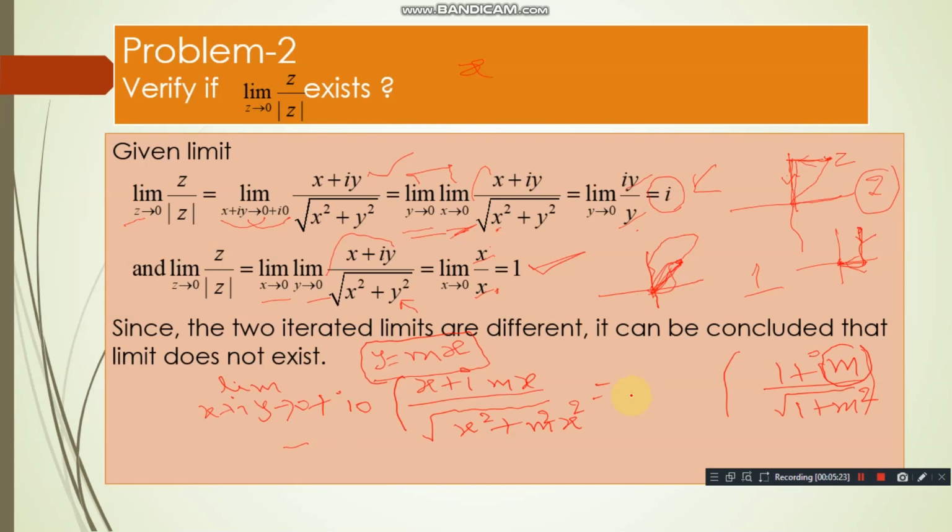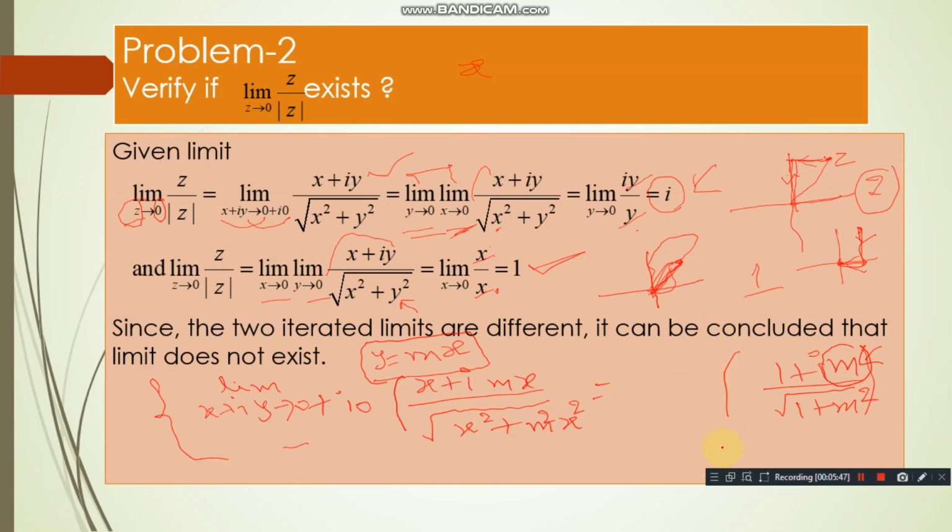But here it is showing that the limit value depends on the m value, which means the limit is not independent of the path along which z goes to 0. That's why the limit does not exist. This procedure you can call a standard procedure to verify whether the limit exists or not.